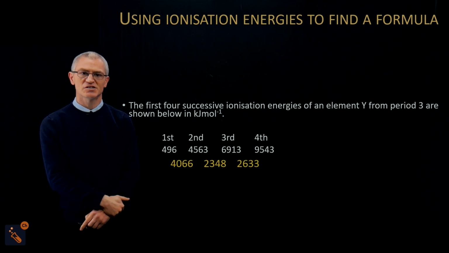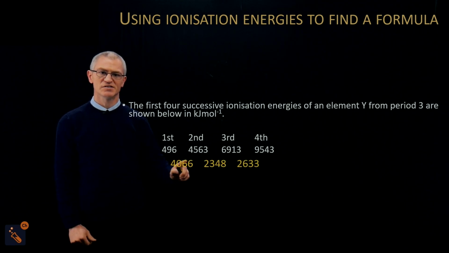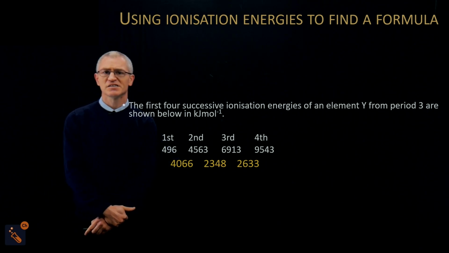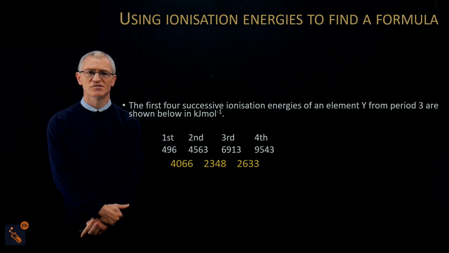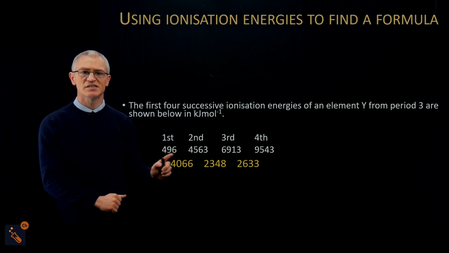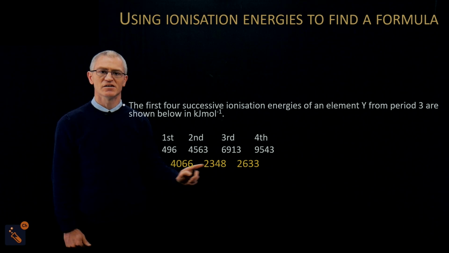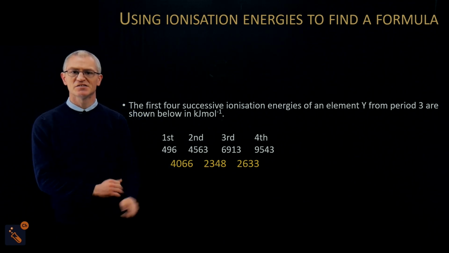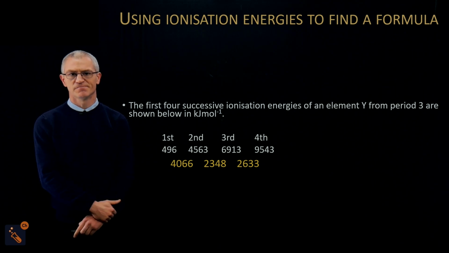So we've looked at the differences, and I can see the difference between the first and the second is 4,000, whereas the differences between the third and the fourth are 2,350 and 2,600-ish. You can see that this is massively bigger than these two. So there's a big jump between the first and the second.